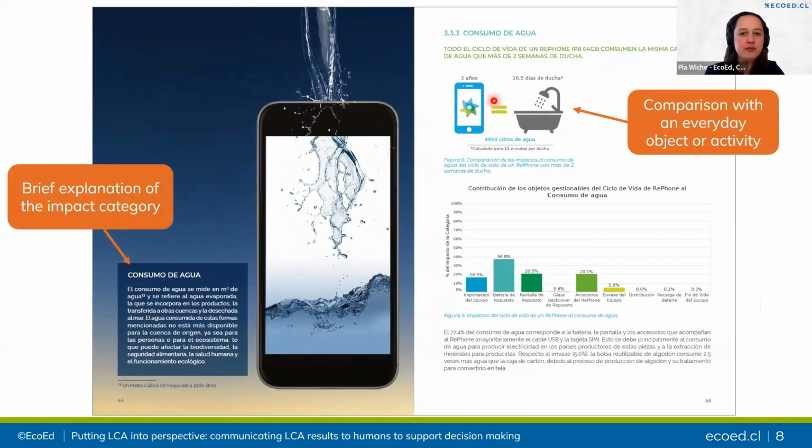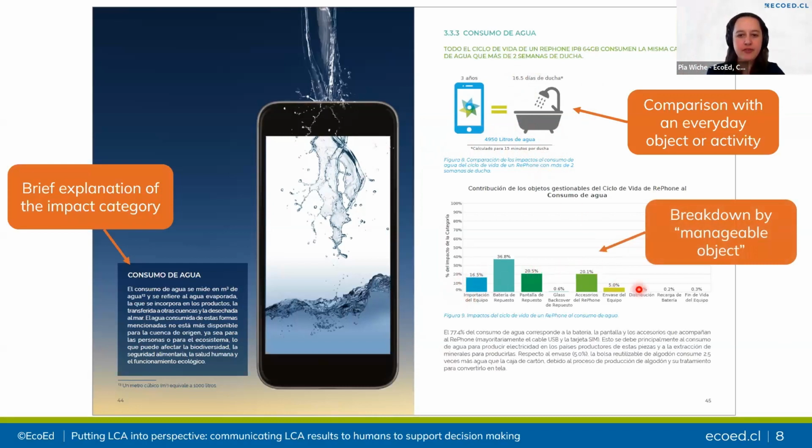We also have a comparison with an everyday object or activity. So 3 years of using this phone, electricity, and the whole thing are equivalent to roughly 16 and a half days of showering. And there are some extra details here. Here's the actual amount for the impact category and how it was calculated for the shower, so for 15-minute showers. And you also have the graph of results for the water category, but divided in a very different way.